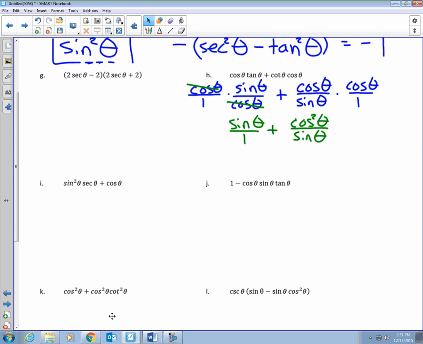I know you may not like this right now, but trust me, you're going to like it in the end. I have two fractions. One's got a squared. I like that. This one doesn't have a squared. What do you need in order to add two fractions? What is the common denominator between sine and 1? So I'm going to multiply top and bottom by sine.